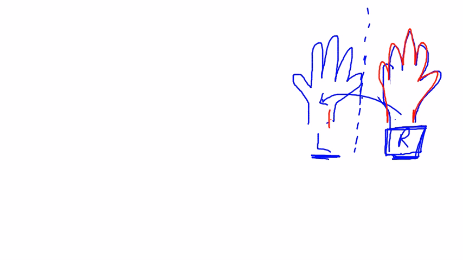This is my thumb, that's my index finger, that's my middle, that's the ring, that's the little. That means the thumb of the right hand is on the little finger of the left hand. Likewise, the little finger of the right hand is on the thumb of the left hand.